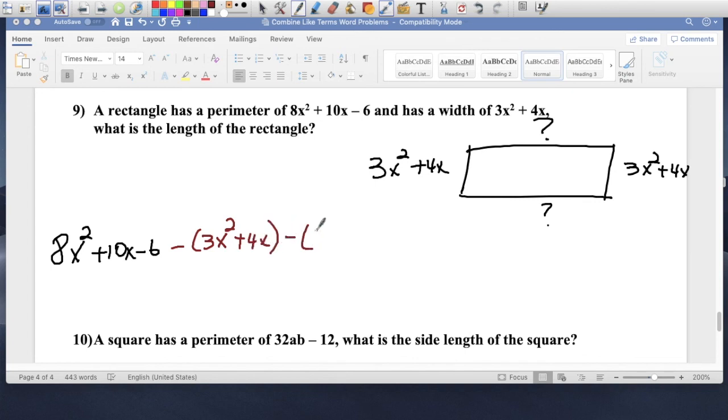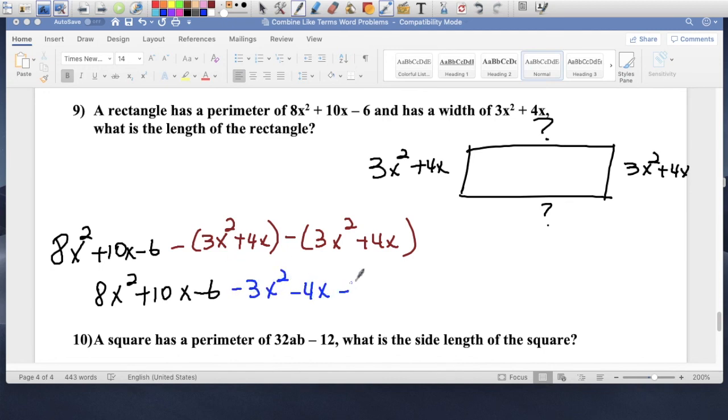I'm going to subtract this guy. So we're going to get 8x squared plus 10x minus 6, and then we're going to subtract 3x squared minus 4x, minus 3x squared minus 4x, right?